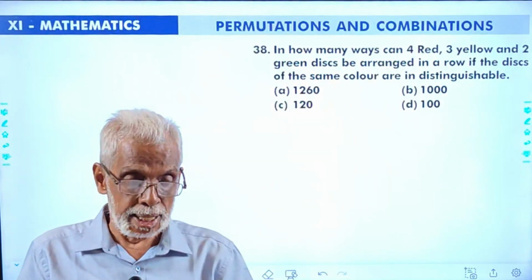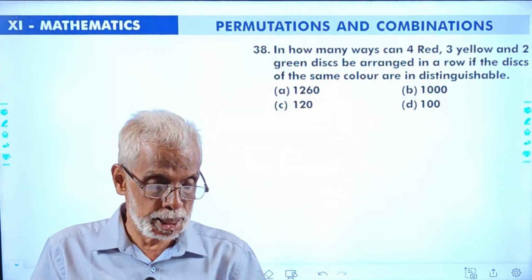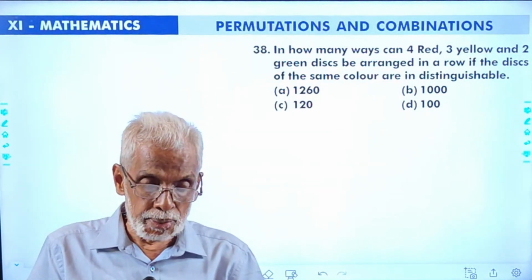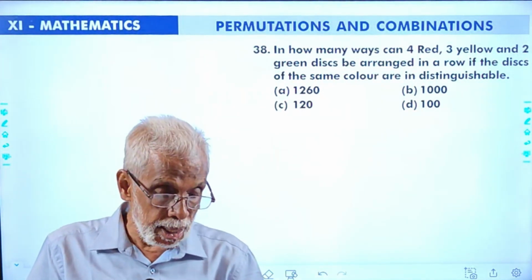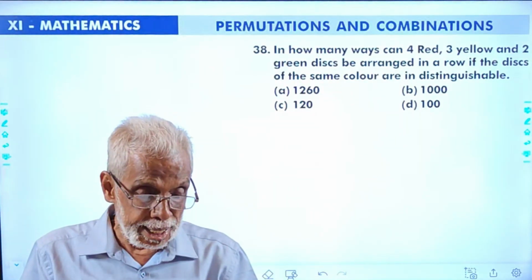In how many ways can 4 red, 3 yellow and 2 green discs be arranged in a row if the discs of the same color are indistinguishable? That means they are identical.